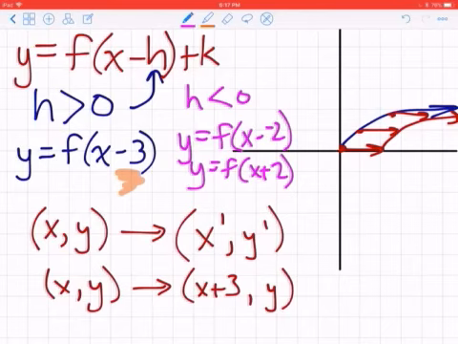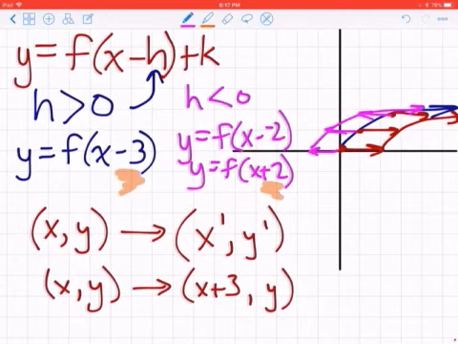So here it looks like positive 2, like we would move it to the right, but actually we're subtracting negative 2, so x minus h is actually negative 2 in this case, which means it's going to move to the left 2 units. And so everything there is going to go to the left, to the left, to the left, and we would end up having that function right there.